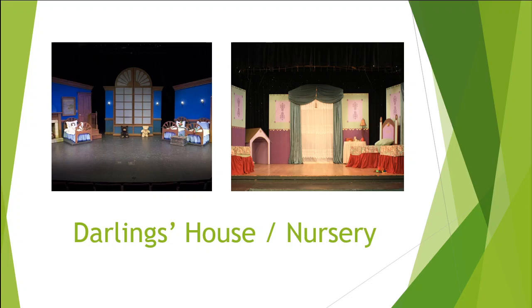So here we've got some examples of the play's settings for the Darlings' bedroom, or the nursery. One of the things that's pretty obvious you want to have in the nursery are beds. That's where the children were sleeping. And it's usually pretty clear that they have a big window because that's where Peter comes in and out.